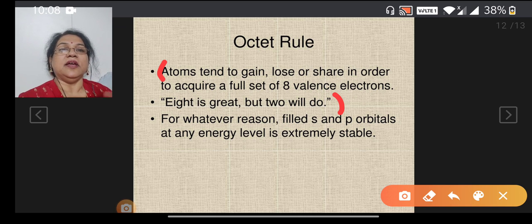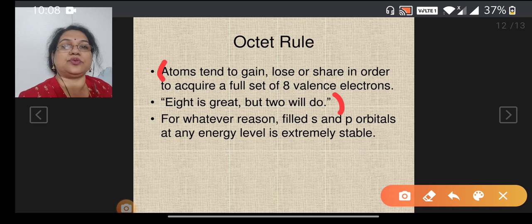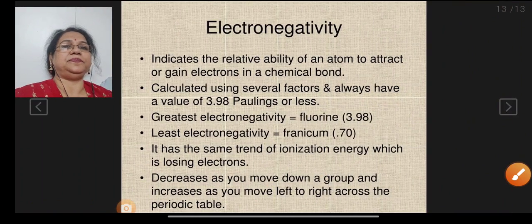That means when an atom tends to complete its outermost shell with 8 electrons, the rule is known as the octet rule. For whatever reason, a filled s and p orbital at the energy level is extremely stable.